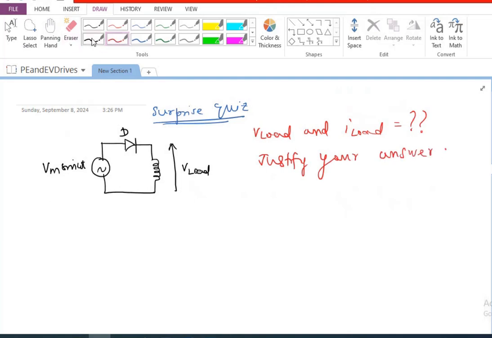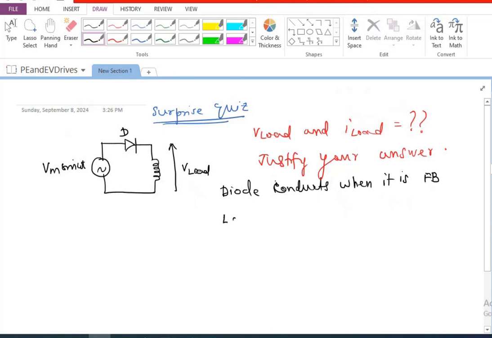So if you look at the diode conducting, diode is supposed to conduct when it is forward biased. So diode conducts only when it is forward biased.